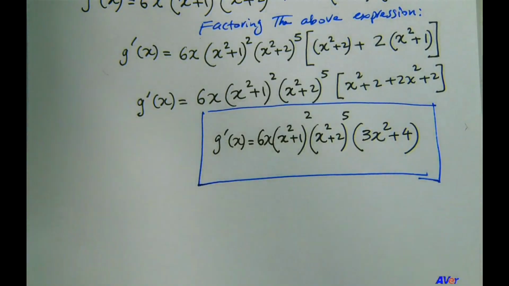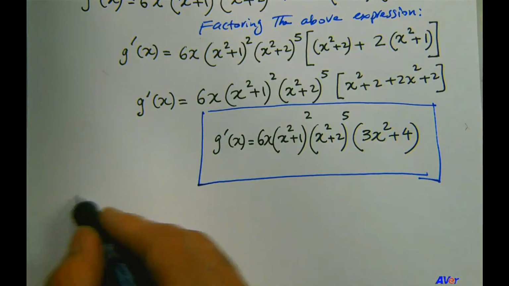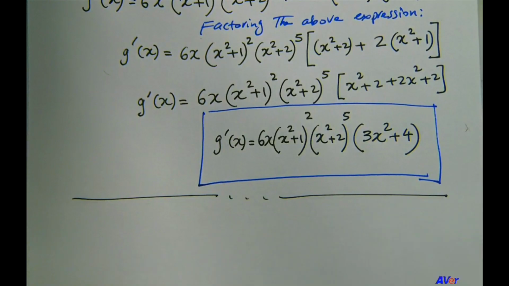Like that. Okay, I hope this is starting to make sense, the whole chain rule method. It's a very useful method for finding derivatives, and you'll see it more and more in the subsequent calculus classes.